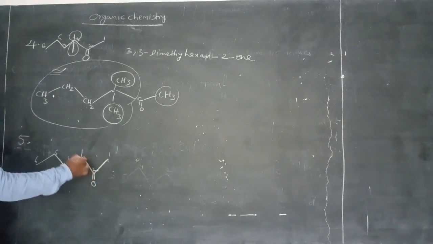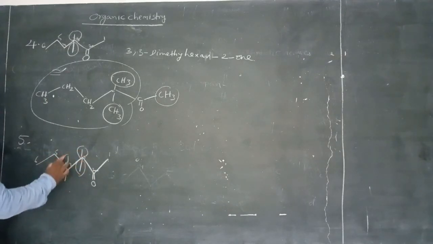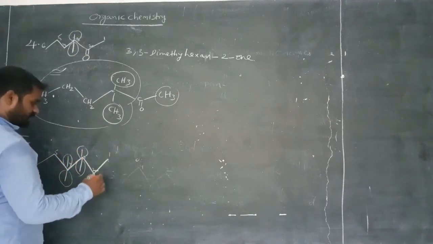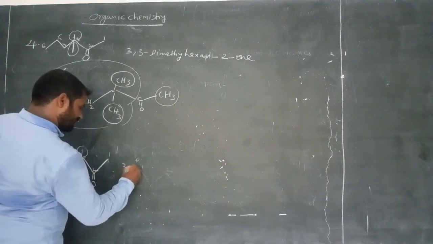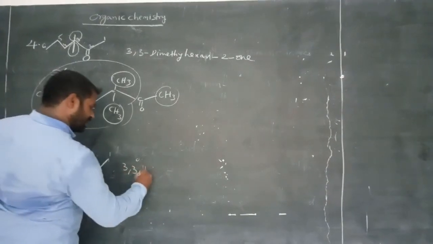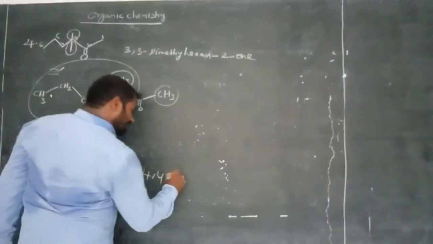This methyl group, am I right? On the third carbon, 2 methyl groups, and on the fourth carbon, 2 methyl groups. Then how can I write this? 3, 3, and the fourth carbon also consists of the same methyl groups. 3, 3, 4, 4. How many methyl groups? Totally 4. Tetramethyl.